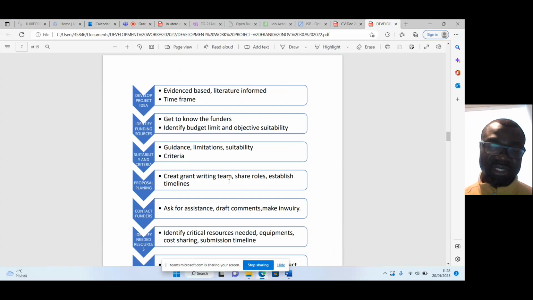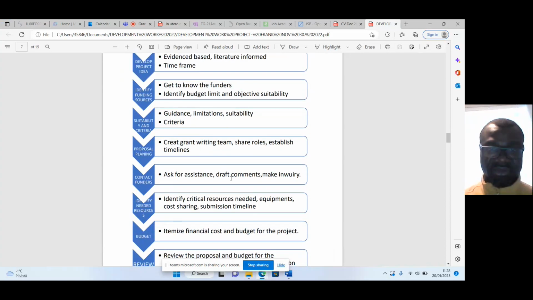Create a grant writing team. So after knowing all these requirements, then we create a team that will draft the grant application. So ask for assistance. We need to ask for direction and support from people with knowledge in that field, and identify critical resources needed. So after knowing the requirements, we then identify what is needed to create that application and itemize financial cost and budget for the project.